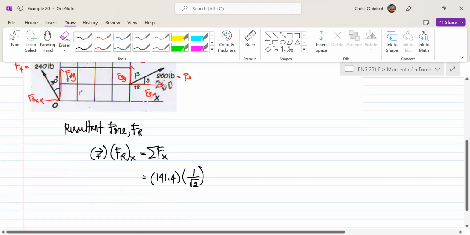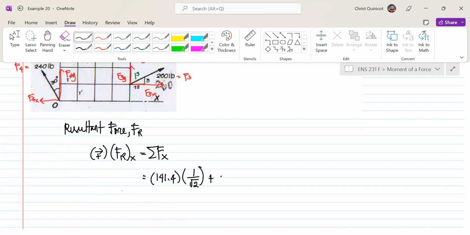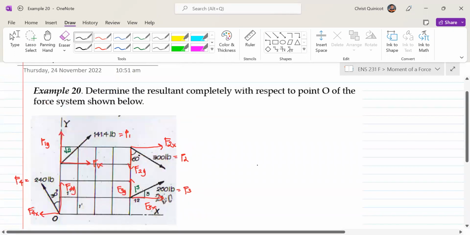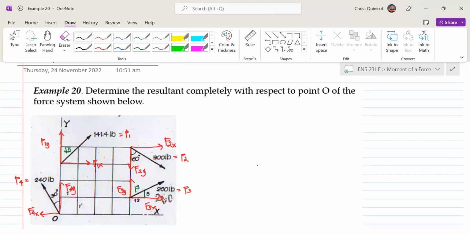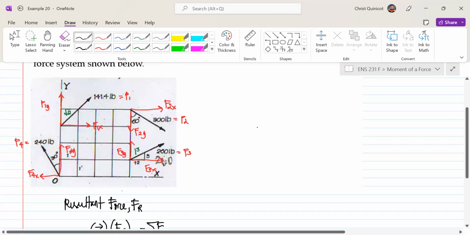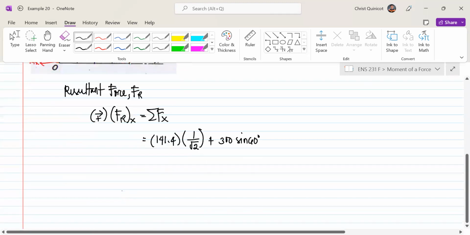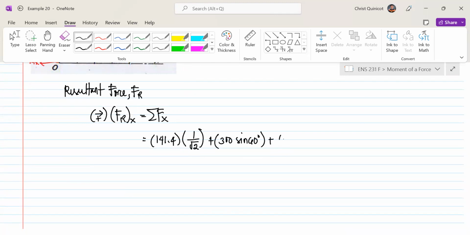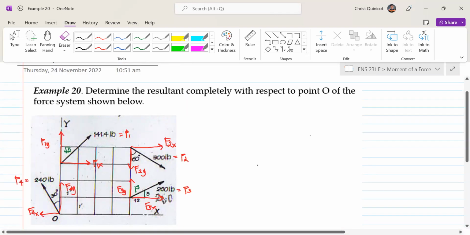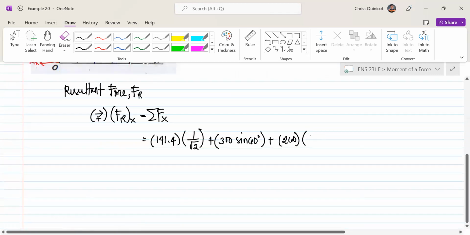So that's plus 300 sine 60 degrees, because our 60 degrees is measured from our vertical, not from our horizontal. Next, for our F sub 3, that's plus 260 times our ratio, which would be 12 over 13.